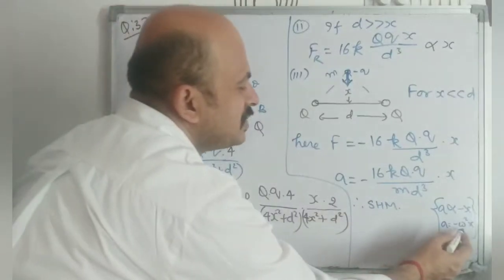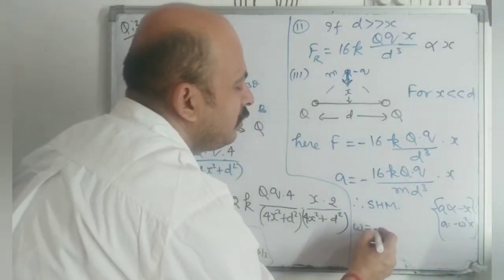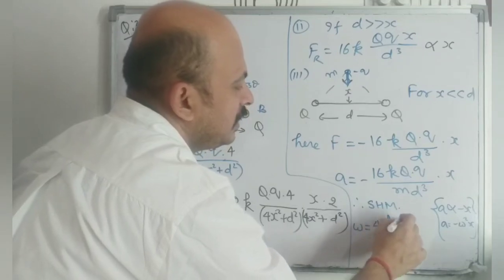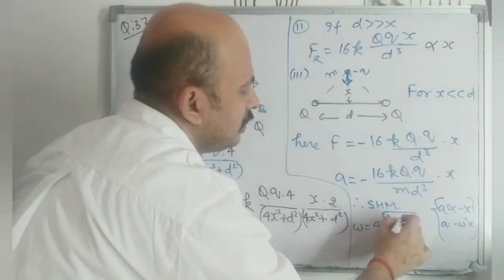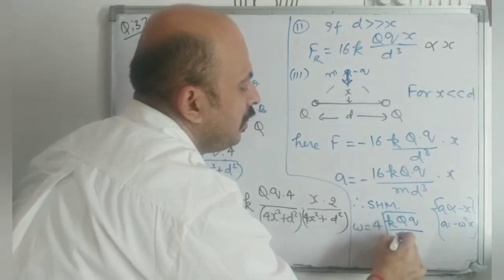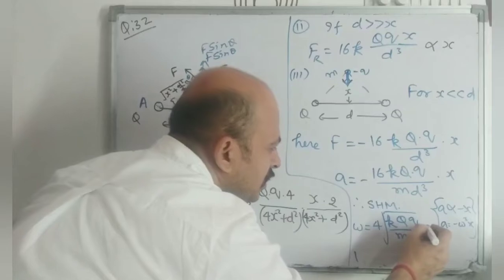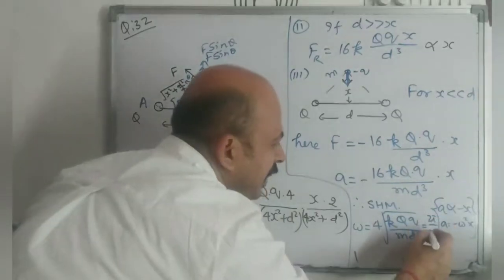Comparing, omega will be equal to 4 square root of k capital Q small q upon m d cube, and omega is 2 pi by T.